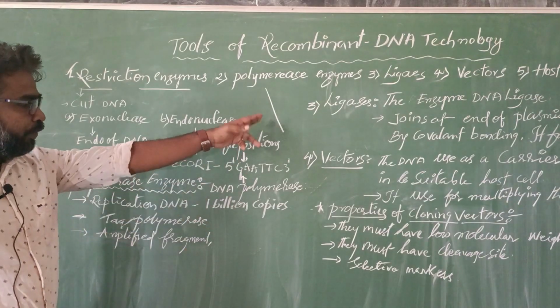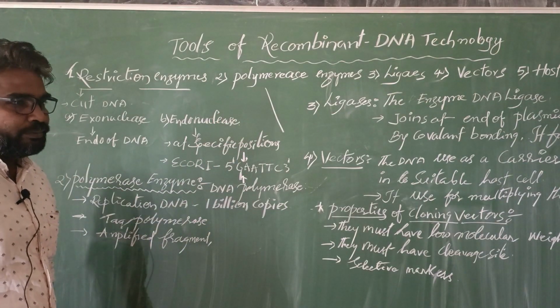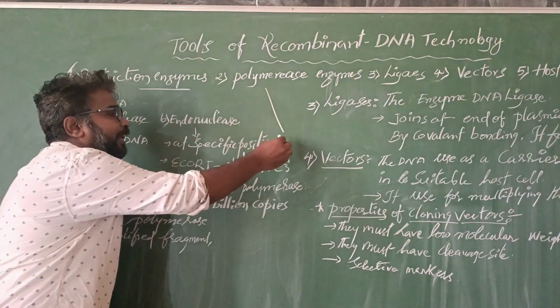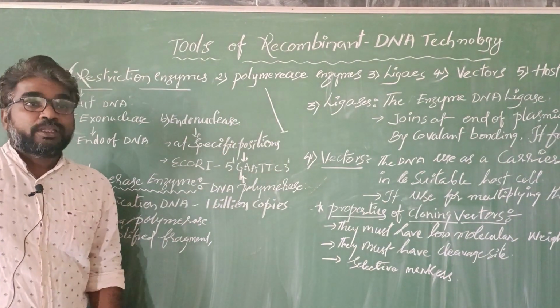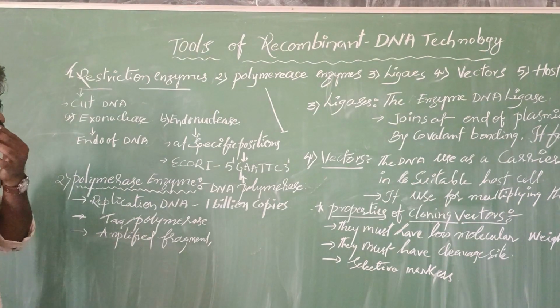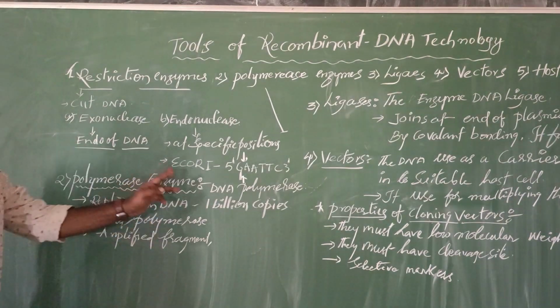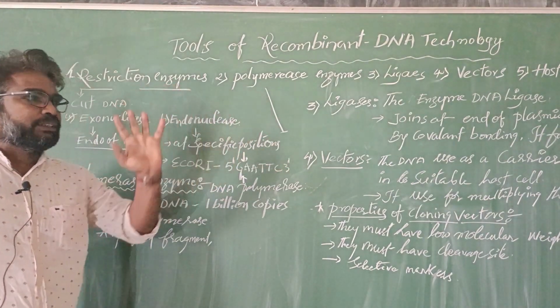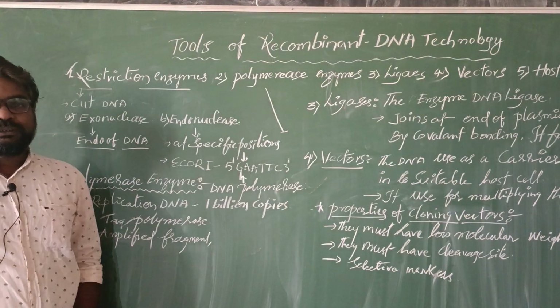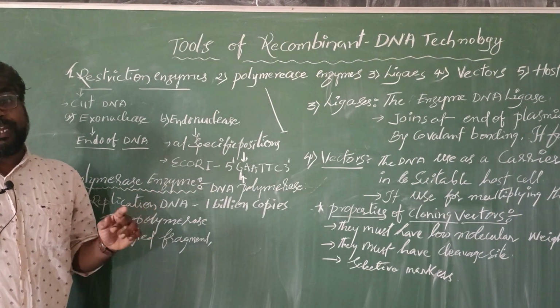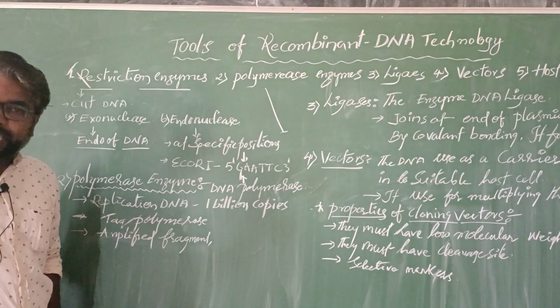Exonuclease means, for example, this is the DNA. When the DNA is cut at the end, at the tip of the DNA, we call it exonuclease. Exo means outside, endo means inside.